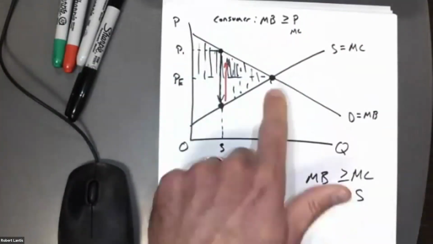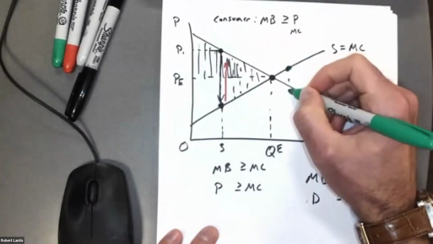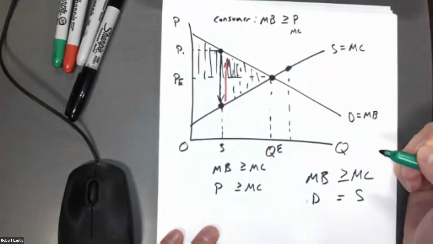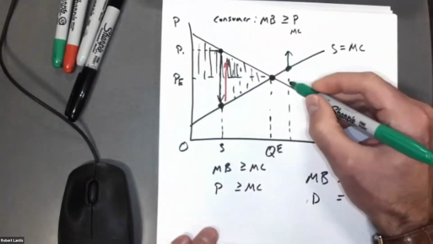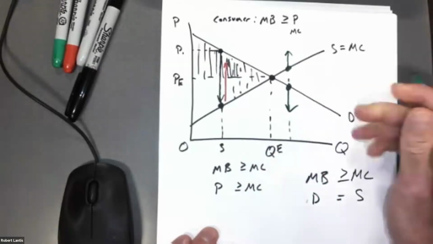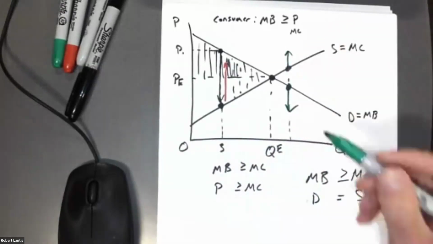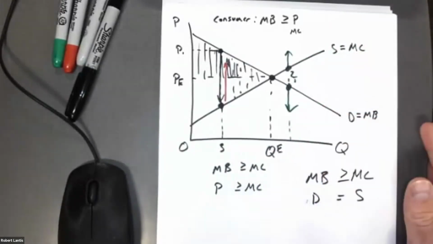The reason why it stops there is because what would the price have to be for the producer here? Somewhere above their marginal cost. And for the consumer, what would the price have to be? Somewhere below their marginal benefit. There's no overlap there. There's no range. There's no price where they could come to an agreement on.